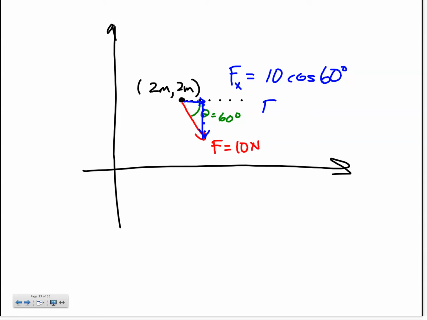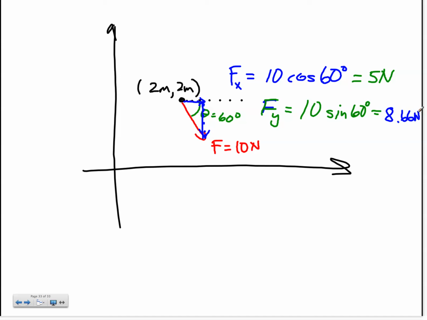If somebody could figure that out. You say 5. Okay. About F of Y. 10 times sine of 60? Correct. What is that equal to? 8.66 newtons.